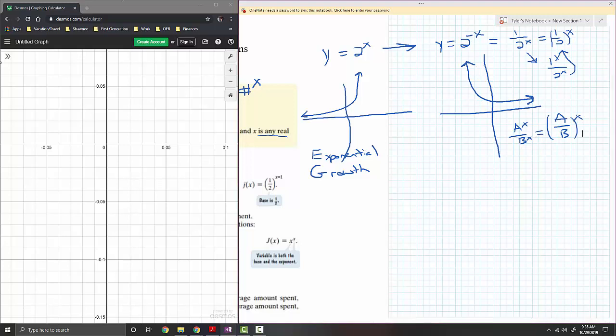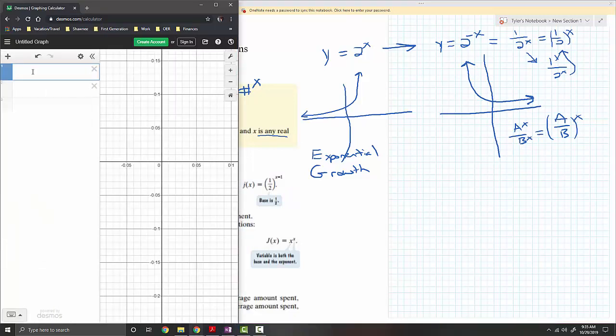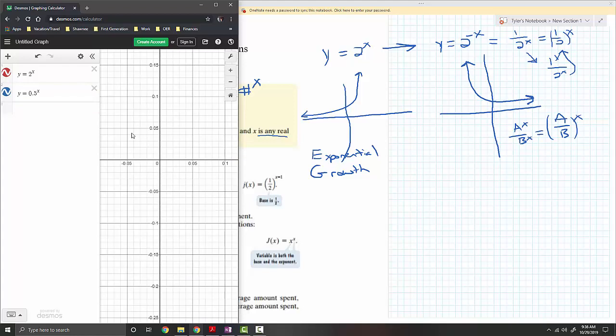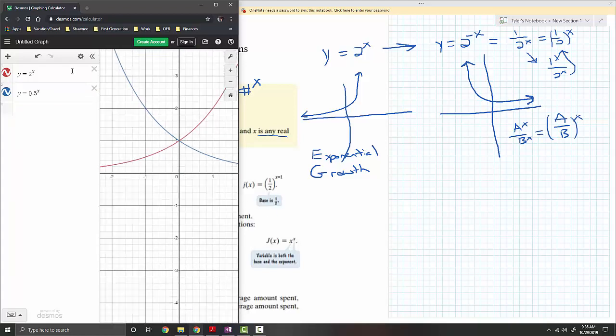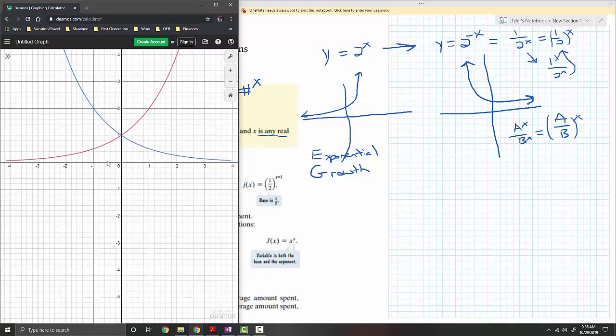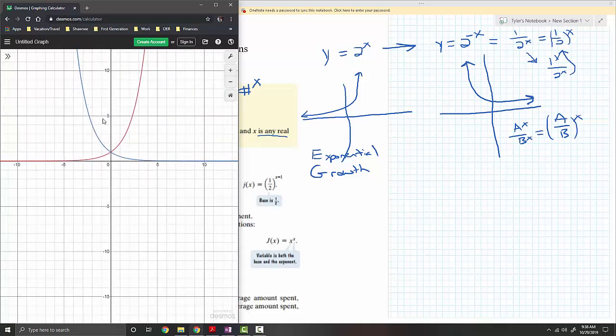So then if you graph these in decimals really quick, you could see the graphs maybe a little more clearly. Whoops, that should be a 2. y equals 2 to the x, and then y equals, I'll just put in 0.5 to the x. So if we zoom out here, we can see the graph, and you can see the growth and the decay.